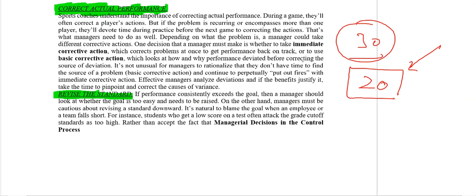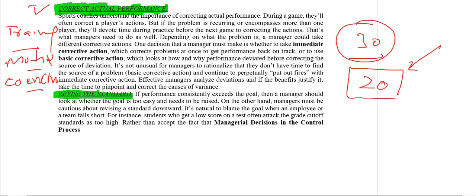So these are two things which we do in corrective actions. Number one, we correct the actual performance of employees, and in order to correct the performance, we can give them training, development, we can use motivation, and we can use some threats or coercive power to improve the performance.